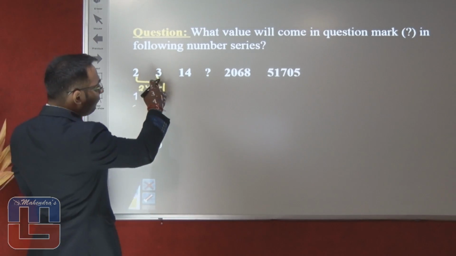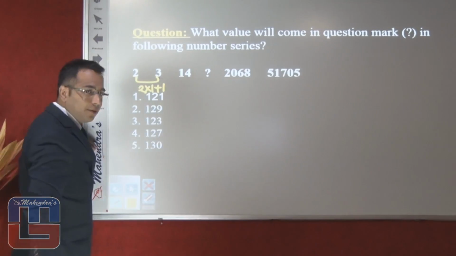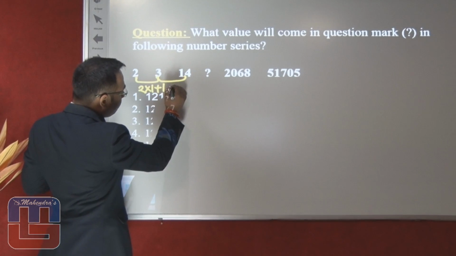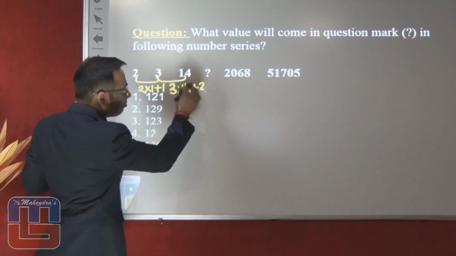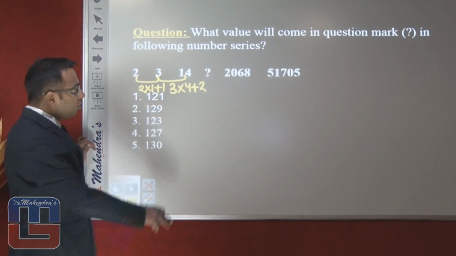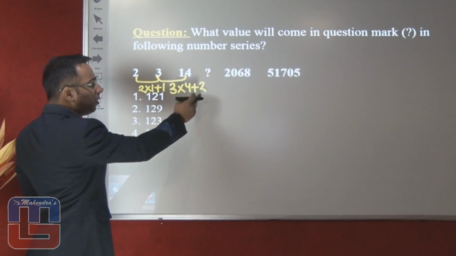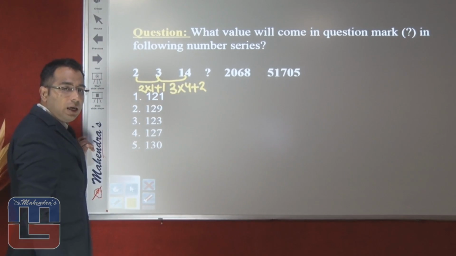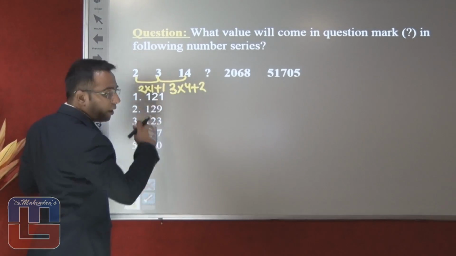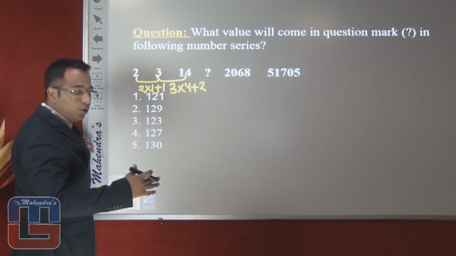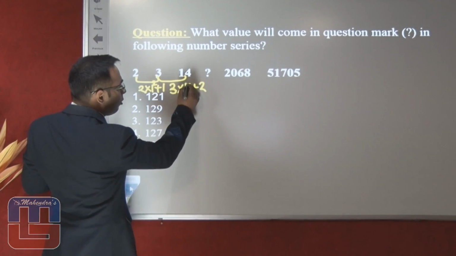But the problem then is what we have to do here. We can multiply 3 into 4 plus 2. It doesn't make sense because here we are adding the number difference. So here it should be 2, but we are putting 4 to get 14. So we know that it is a square of 2.